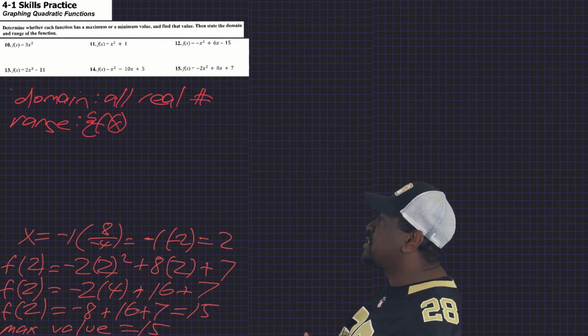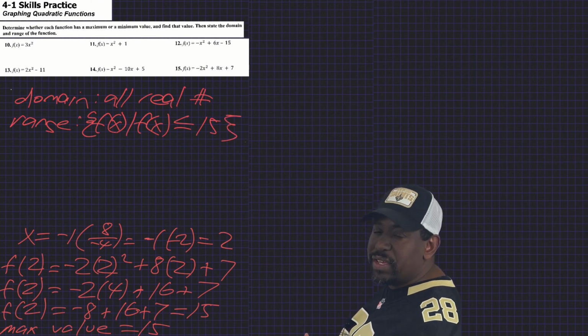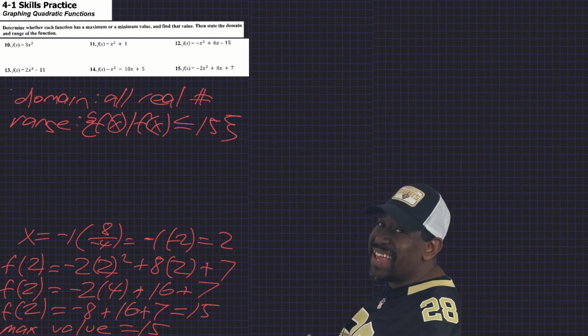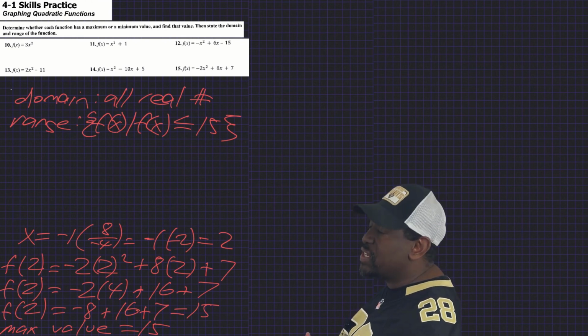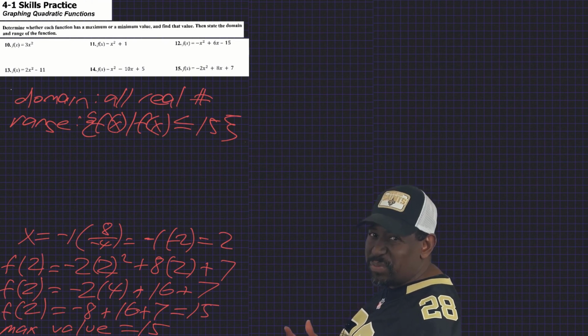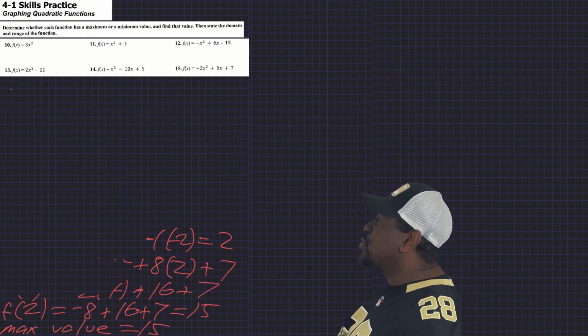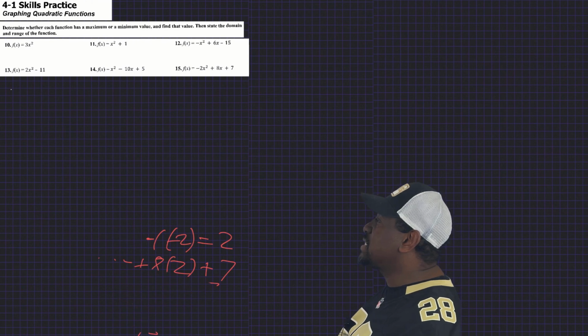The range is going to be f of x less than or equal to 15, because it's a maximum point and the values are decreasing. When a is negative, the values decrease. When a is positive, the values increase. That's something you want to put down in your notebooks and learn and memorize. Very useful. So we're done with number 15.